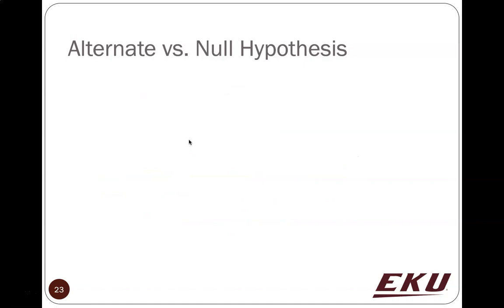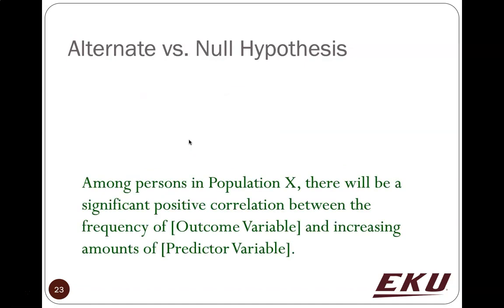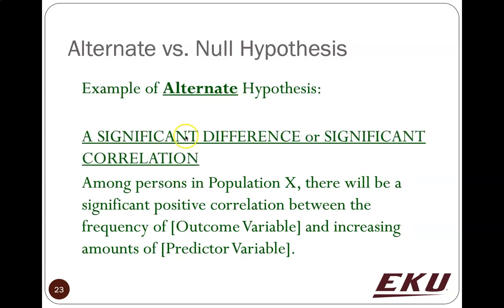The alternate hypothesis is different from the null hypothesis in that the alternate hypothesis provides information suggesting that there will be something happening. There will be a significant difference between this group and that group, or there will be a significant correlation. As one thing goes up, the other thing will go up or go down. There is something going on.